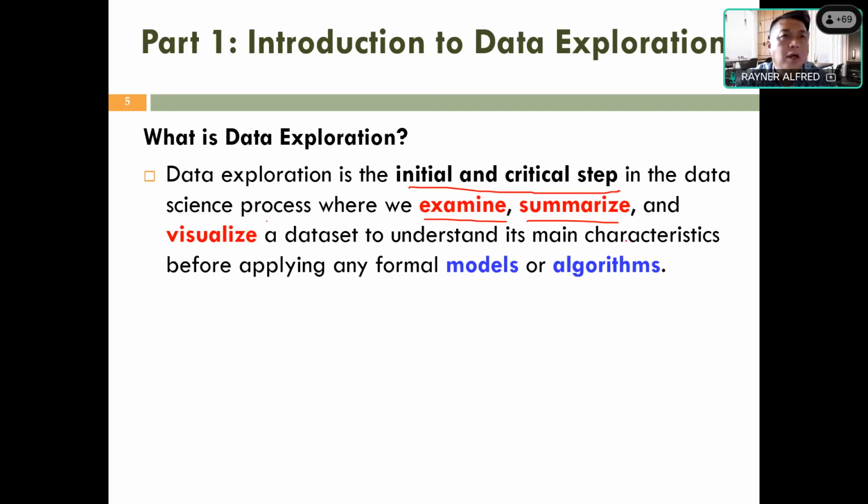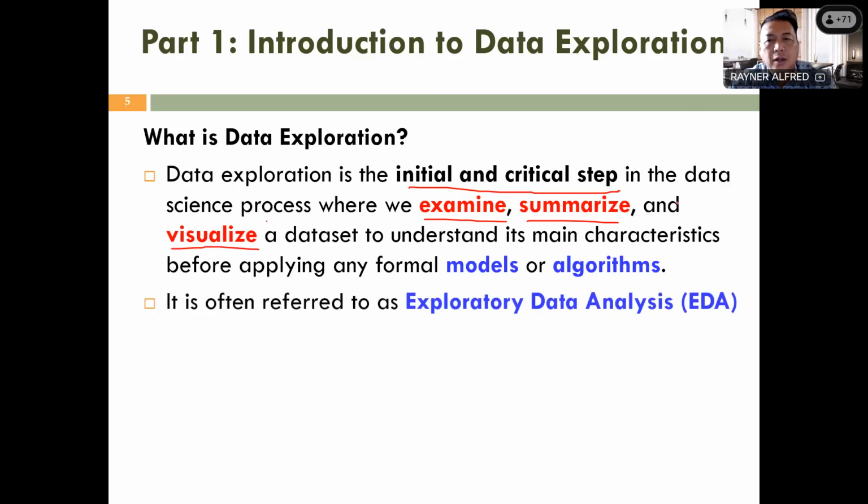Anomalies refer to noise or something weird occurring in your data set. This is the first step that we need to do in order to analyze your data: summarize, and then visualize your data.